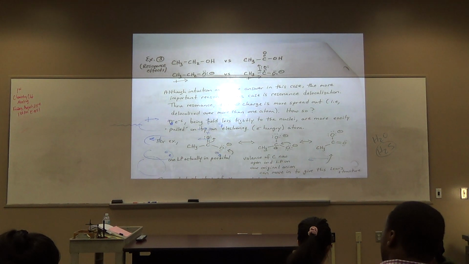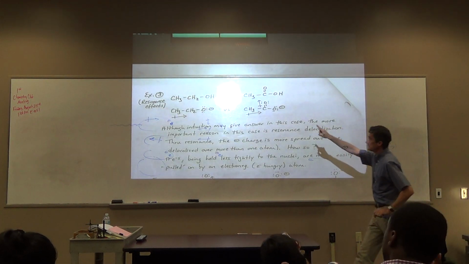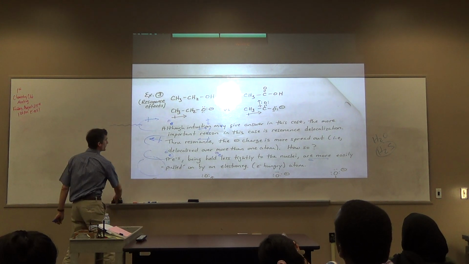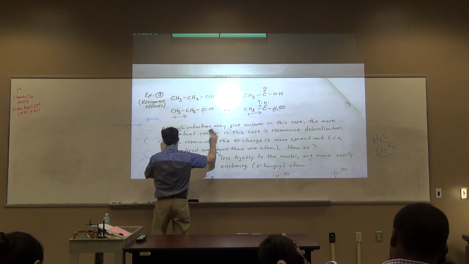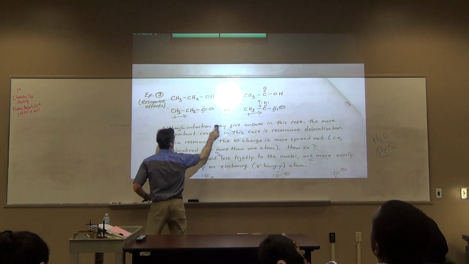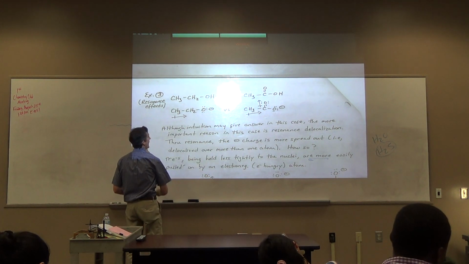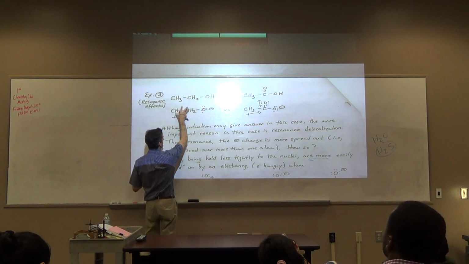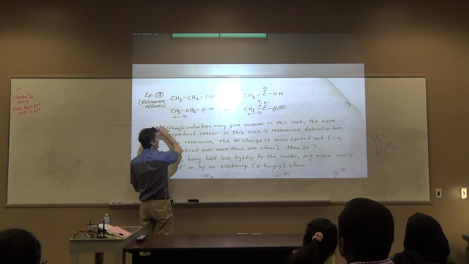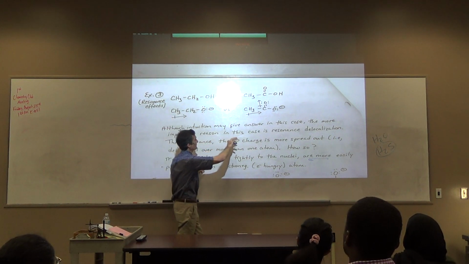Okay, which is more acidic, this alcohol or that carboxylic acid? We want to consider the conjugate base. And we can say, what's out here inductively? That's just all donations. There's nothing withdrawing, sp3 carbons. What's over here?